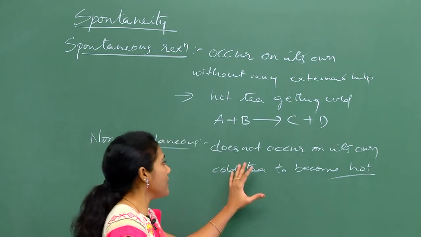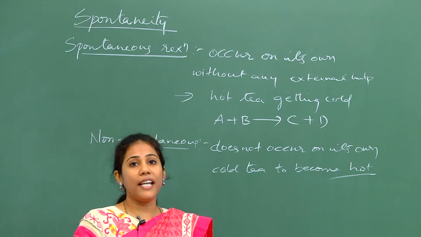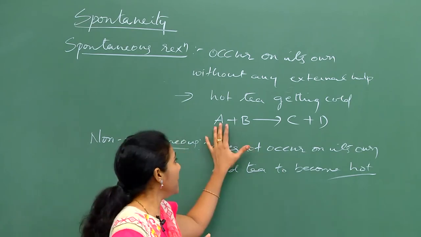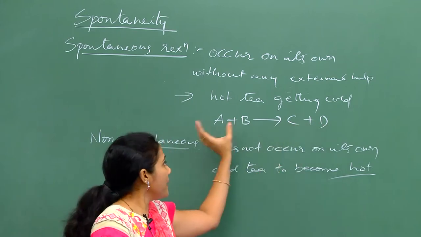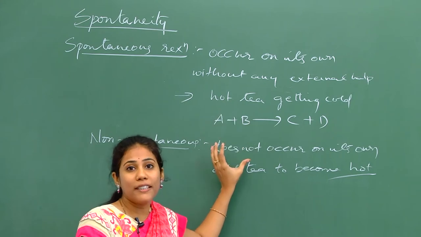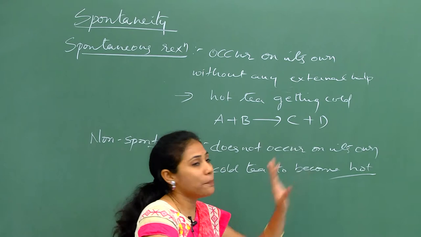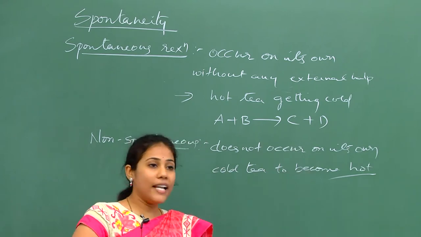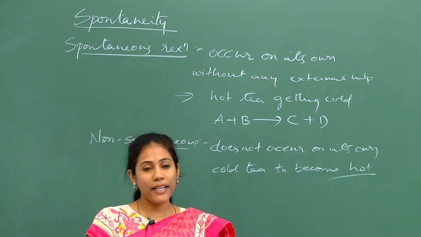So such processes or reactions are difficult type of reactions. If A and B on combining do not easily give C and D, you must provide a lot of work from outside. You are supposed to do a lot of work on them in the form of energy. Only then can they combine to produce the product. Such reactions are called non-spontaneous reactions.